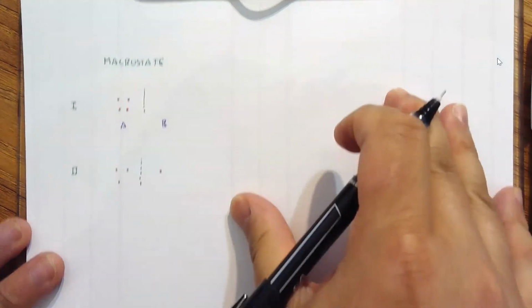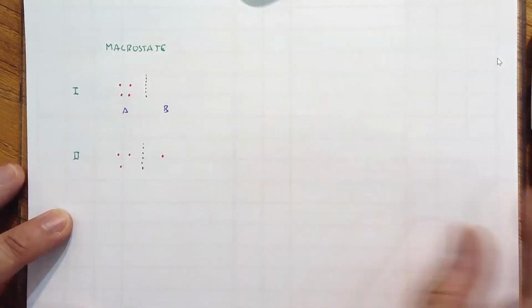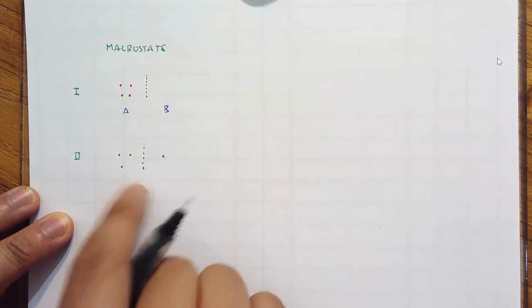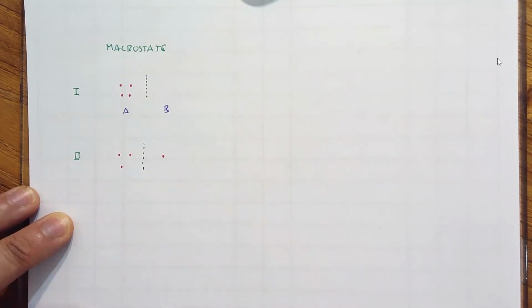The microstate is going to tell us how many different ways this can happen, how many different ways the macrostate can happen.